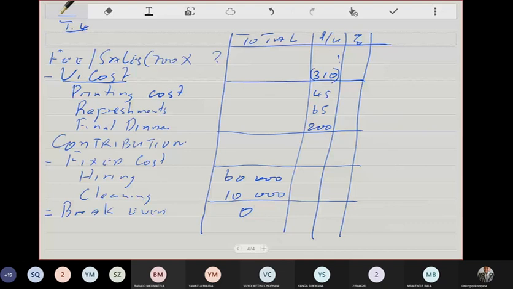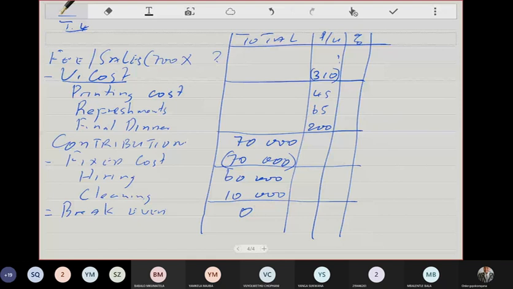The question is now, how are we going to get to our contribution per unit? Ideally, guys, once you've got a total amount, that total amount was derived from the number of units, or from the number of delegates.